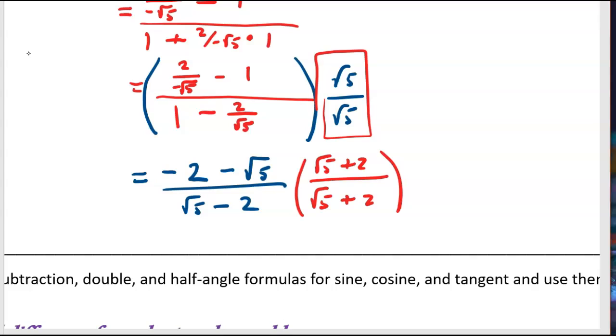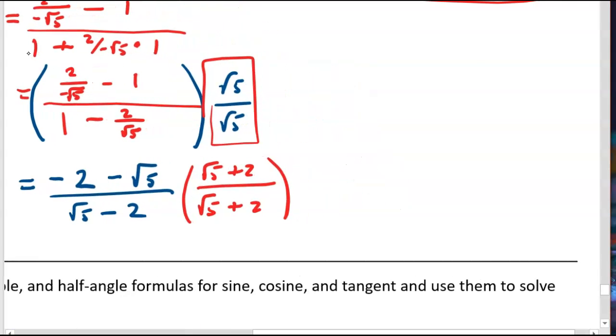When you multiply a number by 1, it looks different, but you didn't change the actual value of it. I'm multiplying this expression by a number divided by itself, which is also 1. I'm not changing the value, just the way it looks.